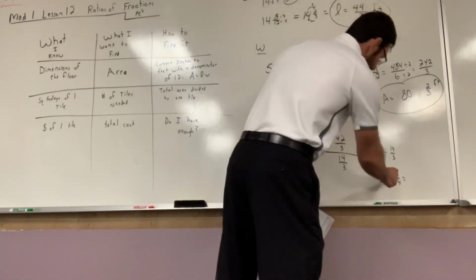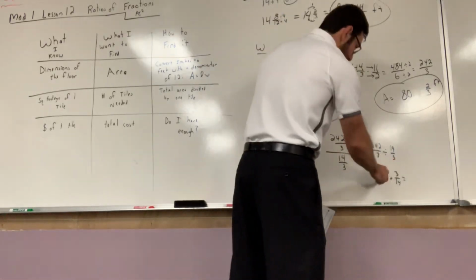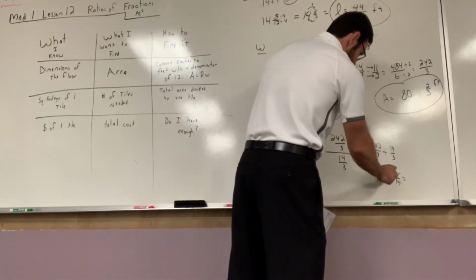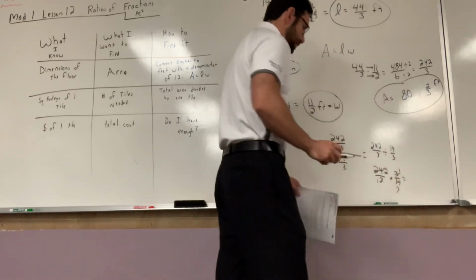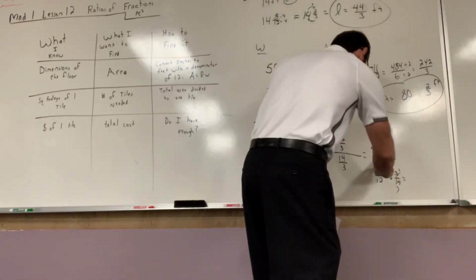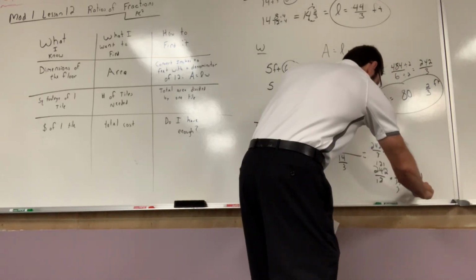So for those of you watching on the computer, I'm going to give you a little trick. You can cross simplify. So if these are multiples, those become 1. This becomes the 7 because I'm dividing by 2. 242 divided by 2 is going to be 121. So that gives me 121 sevenths.